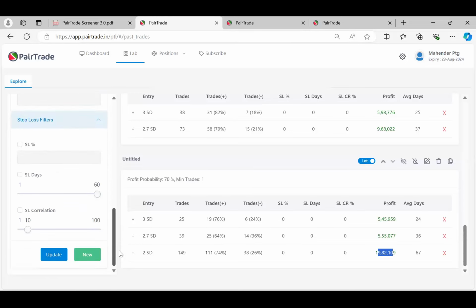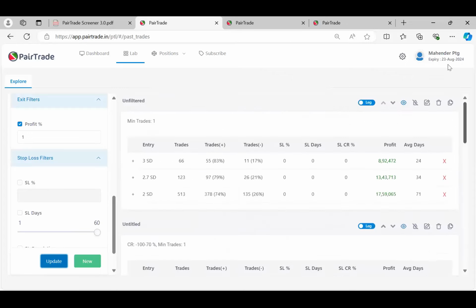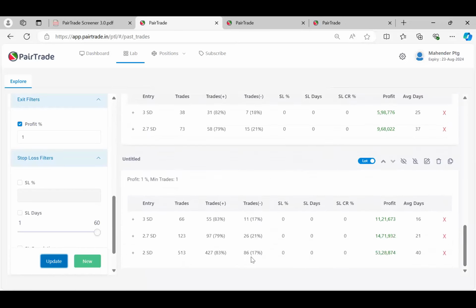Okay. So here I will be using a profit percentage of 1%. If I am booking at 1%, the number of trades would be the same, right? 66, 123 and 50. The same thing would be there. But instead of waiting for the target, I am booking at 1% return. So you are making good enough profit here.